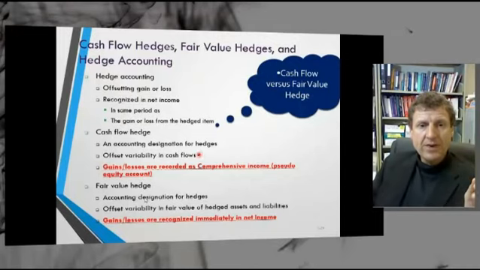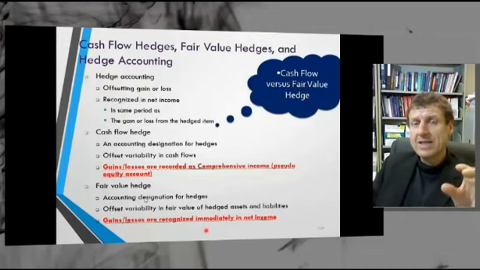So in a cash flow hedge, gains and losses are recorded as comprehensive income, like a pseudo equity account. But under a fair value hedge, gains and losses are recognized immediately in net income. So in terms of a fair value hedge, once you've committed to that, you are giving up more control over your net income.